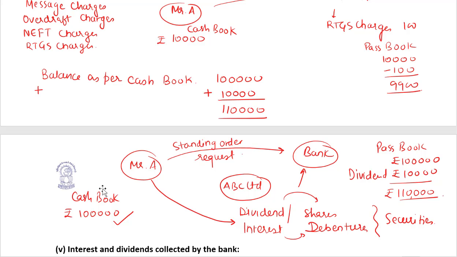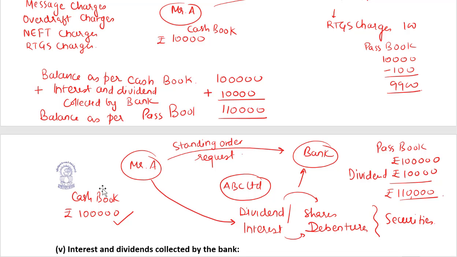So we will add and we will write interest and dividend collected by the bank directly, and this closing balance will be balance as per passbook, 1 lakh 10,000.